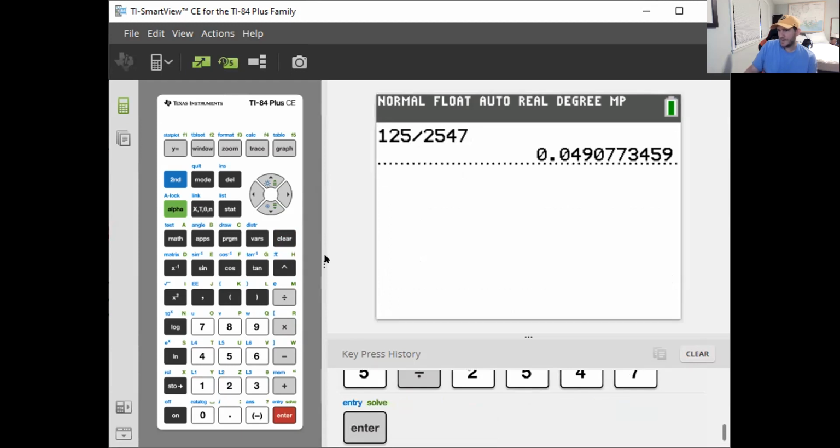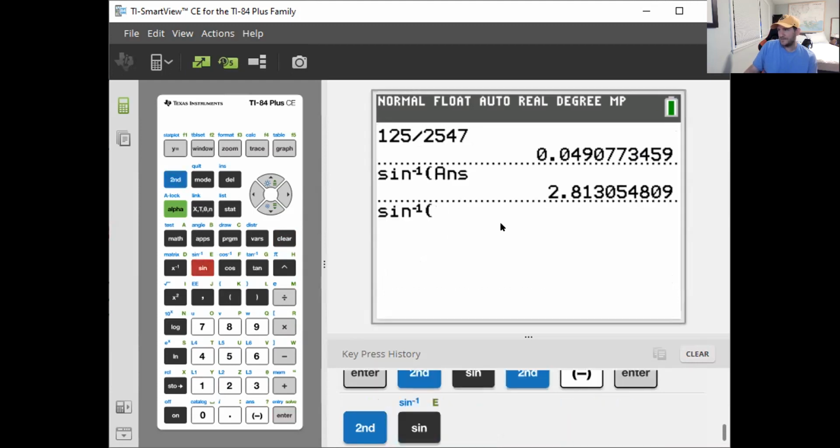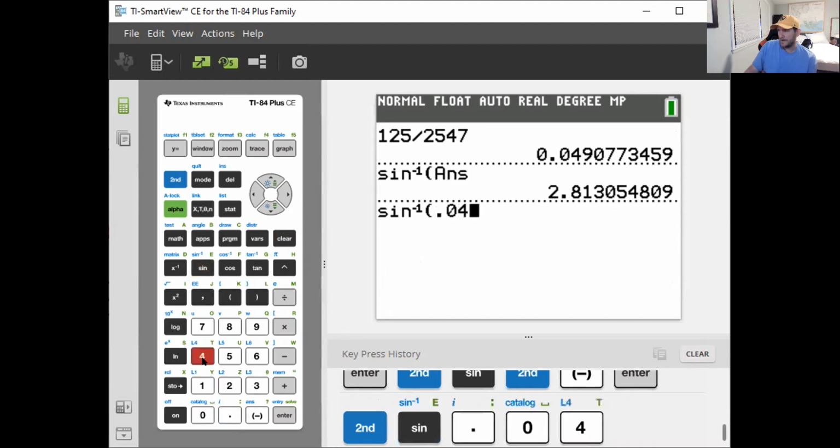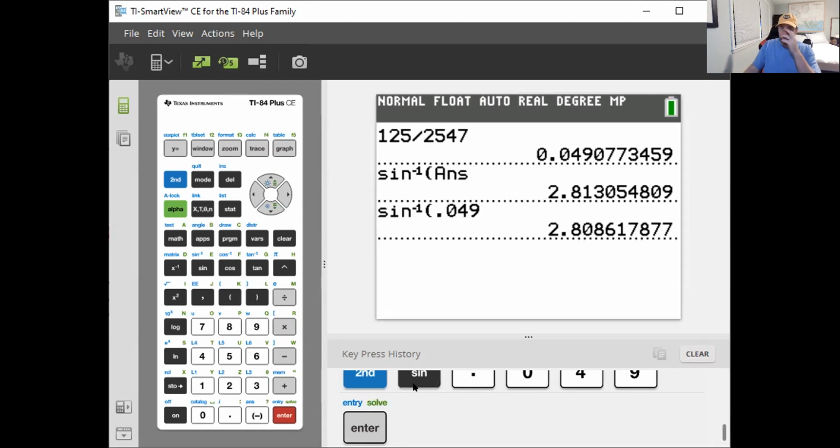Imagine if you had this decimal. If I do the inverse sine of that decimal to get some answer, I get that. What if I do the inverse sine of just rounding this off, 0.049? I'm off by quite a bit here, right? I would be expecting you to say 2.813. You'd be saying 2.808. You're off by 5 thousandths, and I expect you to be off by no thousandths. So you can see where there is a difference there. Okay. Anyway, I'll shut up about calculator tricks, I'll shut up about accuracy, and I'll just get back down to business.